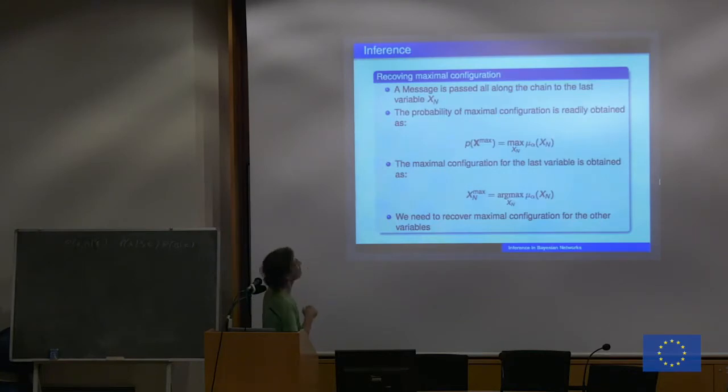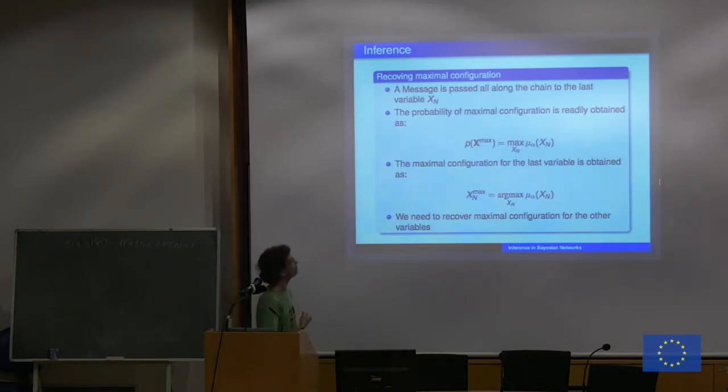Now, there is one caveat with this, which you see here. Let's say we start from the beginning. You send this max message up to the end. You get to the end of the sequence, mu alpha xn, the message that you collected. If you maximize over xn, you get the overall maximal probability, because you collected max messages.